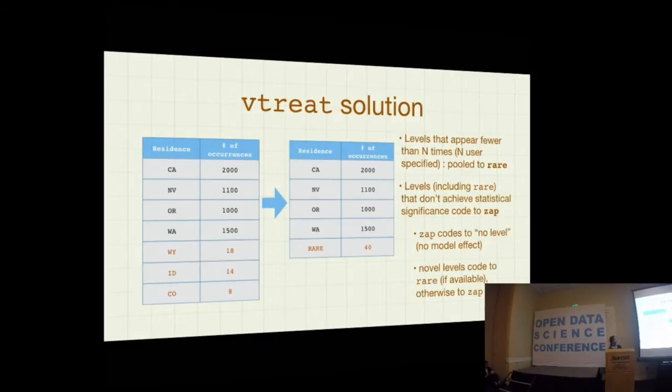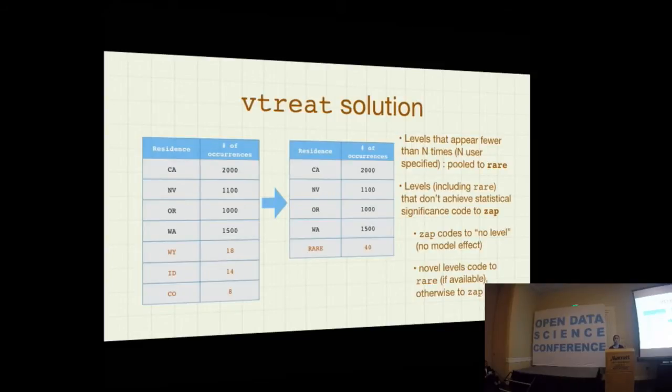So in this example, suppose that our training data had 4 very common states, and then 3 states that were very unusual compared to the first 4. Then we take Wyoming, Idaho, and Colorado here, and we pool that into a single level called rare, and then just treat it like a level and work with it as if it had existed before.